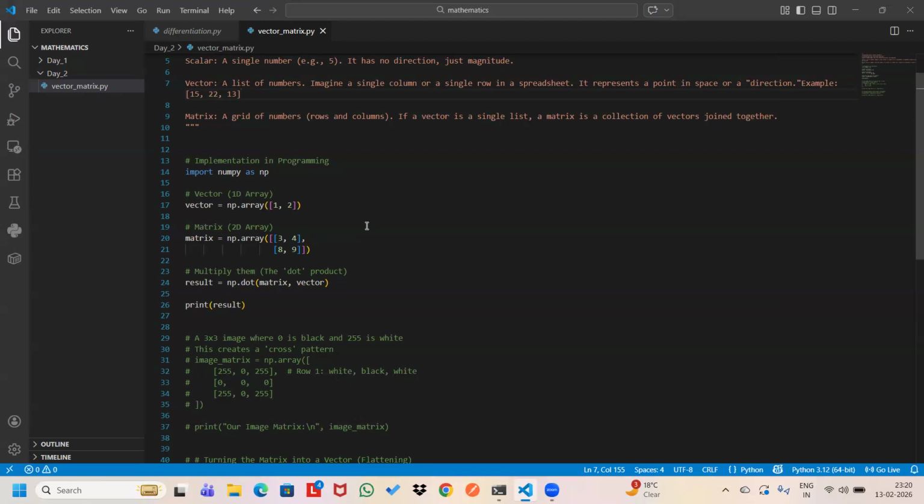When I started learning computer vision, my teacher taught me about a color combination, which is 255 comma 0 comma 255. At that time I didn't know what this was, I was just learning. But today I understood what 255, 0, 255 is: a color combination.